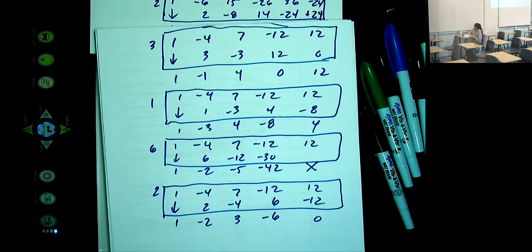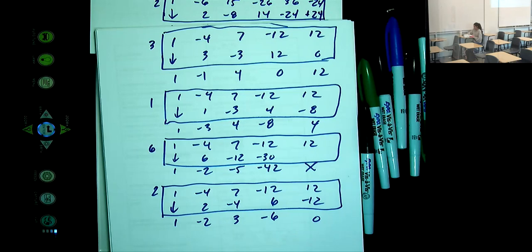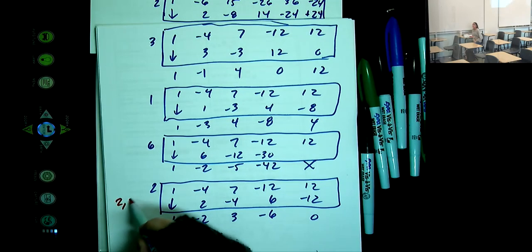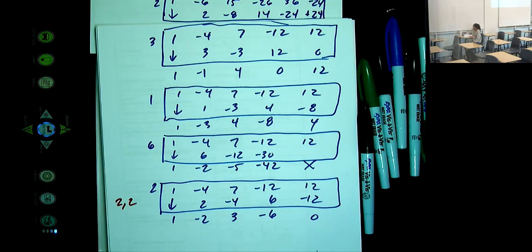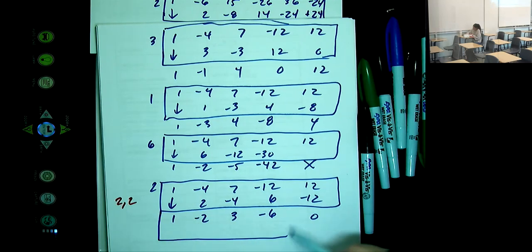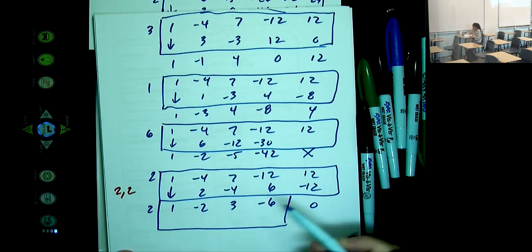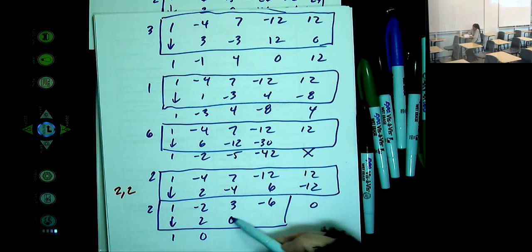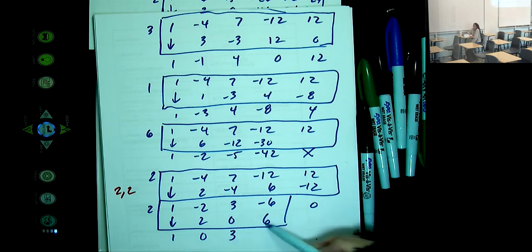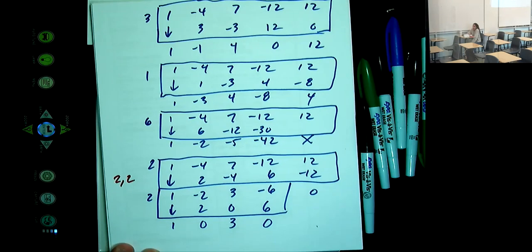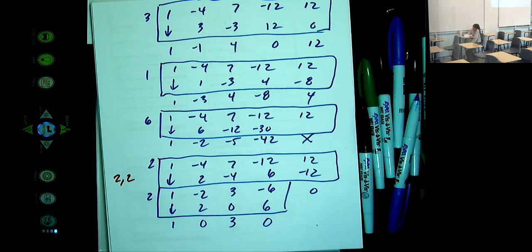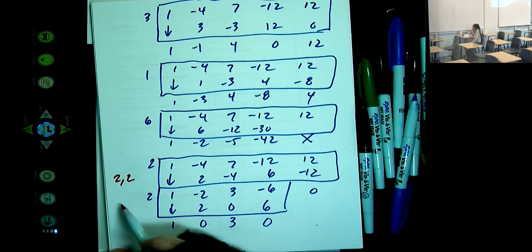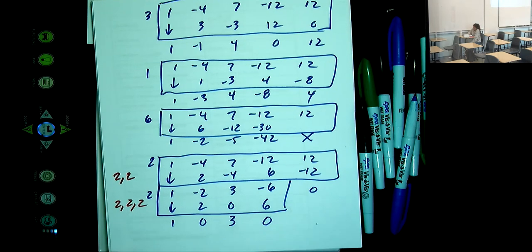So now we currently have 2 down twice. Let's try 2 again. Huh? We got another 2. Look at that. So now we're up to 3 twos.